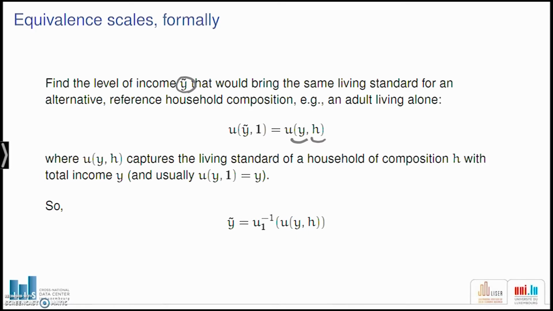So if we say that the living standard is a function U of income and composition, we can write this problem of finding the equivalent income as simply solving this equation.